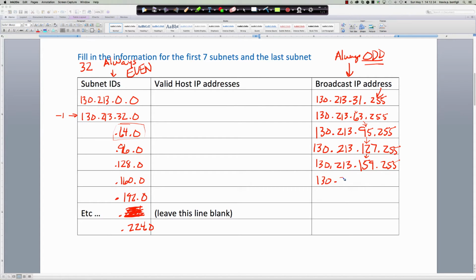I could say 213 and add 32 to that value right there, which would give me .191.255. And the same thing, add 32 to this value right here, 223.255. And again, the same first two values for the first two octets.